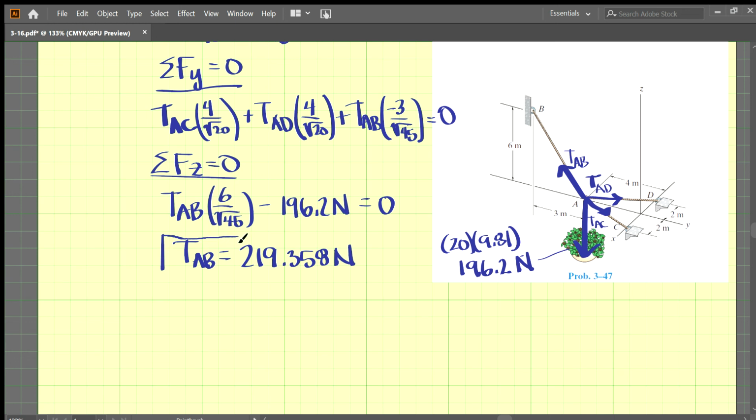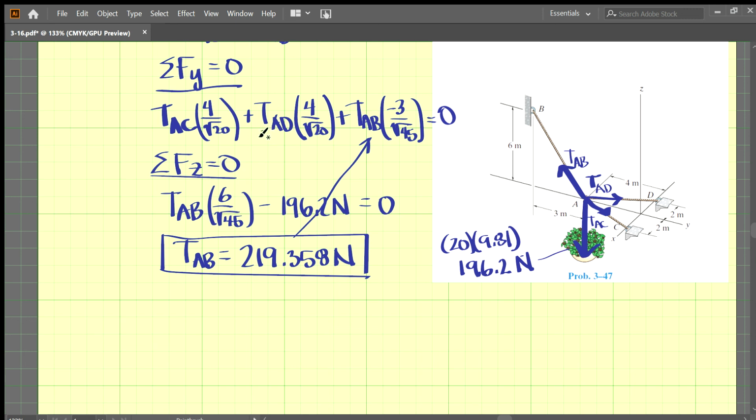We need to circle that. Now we need to take this answer and sub it back into this equation in the y. So we move it into our location here. And we know TAC and TAD are equal, so we could just change one of those to the other.